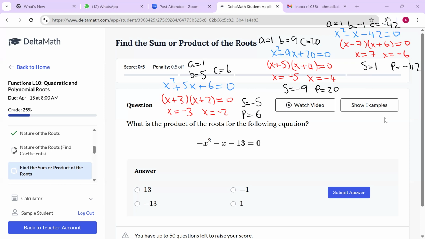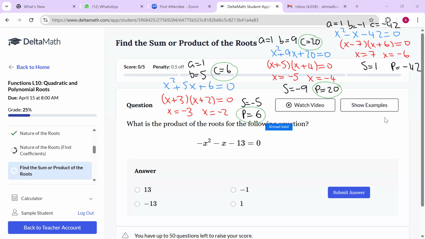Now, we want to draw some comparisons between B and C and S and P. First, let's compare C and P in each case. So C is 20 and P is 20. In the first case, C is 6 and P is 6.